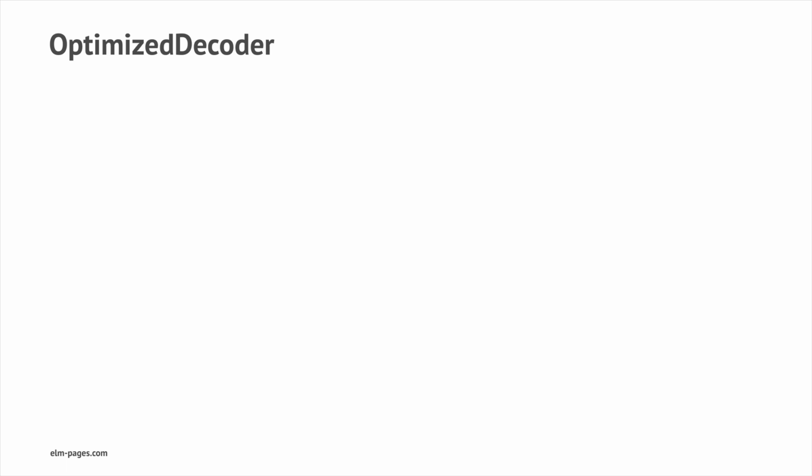Optimized decoder, again I think that's a concept to double down on, and all the more so let's do more with it. One of the themes of elm-pages 2.0 for me is removing some features and in their place doubling down on building blocks and letting you do more with them. That's something that feels really good about Elm in general.